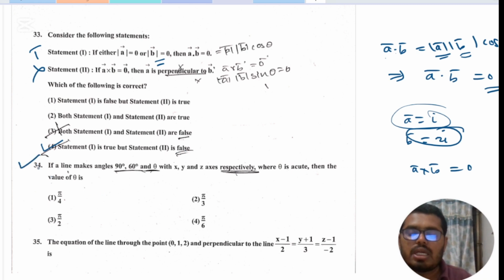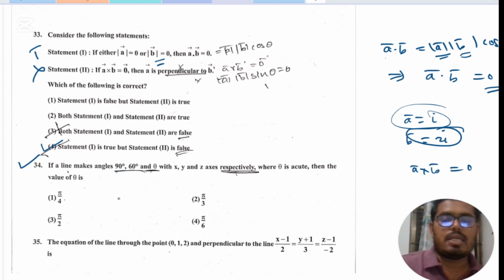Question number 34. If the line makes the angle 90 degree, 60 degree and theta with x, y, z axis respectively, where theta is acute, then the value of theta is, okay, here they given you l, m, n as cos 90, cos 60, cos theta. Then apply here l square plus m square plus n square is equal to 1.